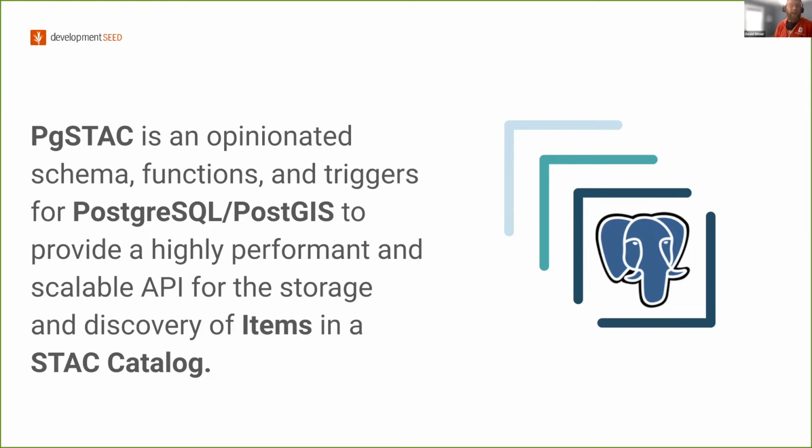So PgSTAC is an opinionated schema, functions, and triggers for Postgres using PostGIS to provide a highly performant and scalable API for the storage and discovery of items in a STAC catalog. So PgSTAC really is how do we store that data and how do we provide some core elements to be able to search for data in the catalog.